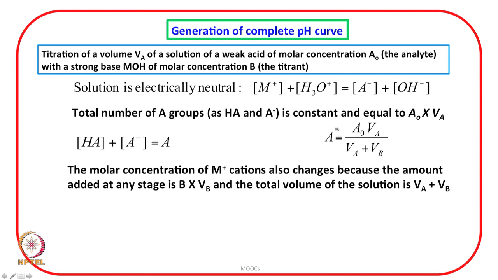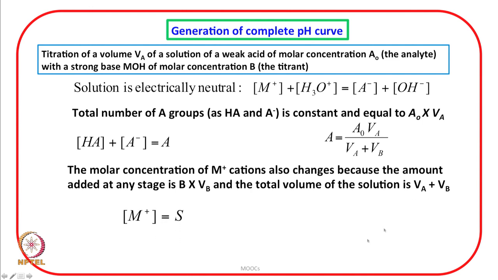If the concentration of the acid changes, the concentration of the M plus cations coming from the alkali, from the base, also changes. Exactly similar calculations can be done. The amount added at any stage is B times Vb, and the total volume of solution, as I just discussed, is Va plus Vb.